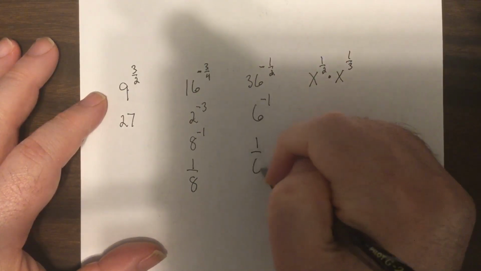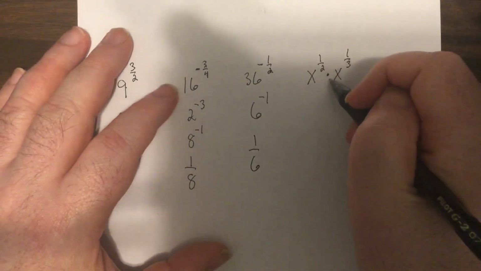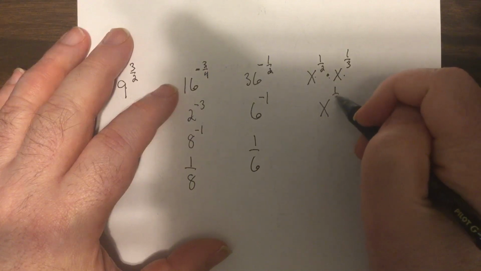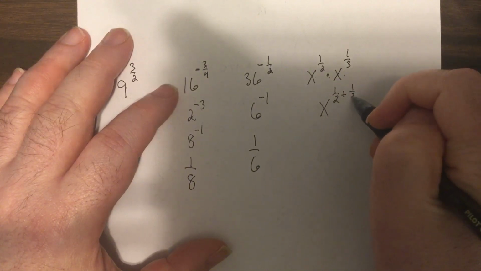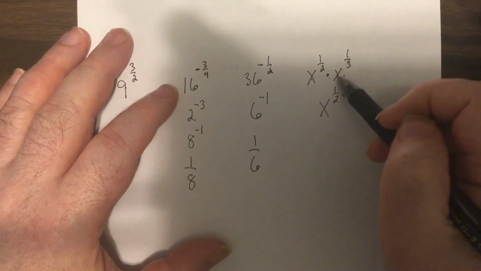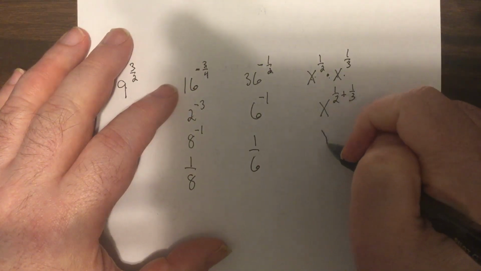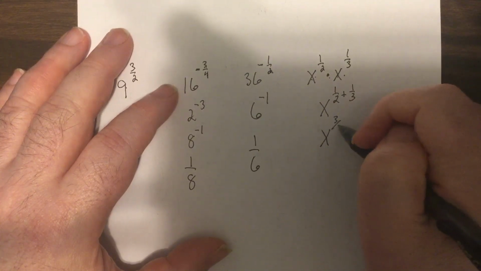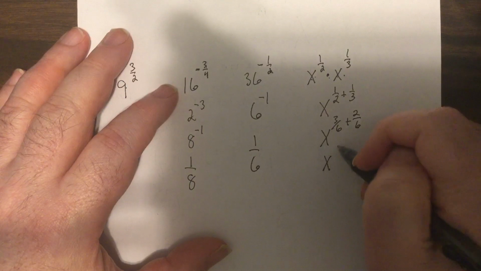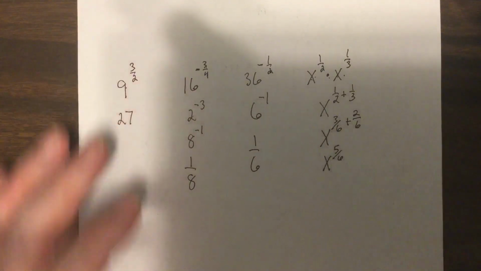Negative power means flip it. Then when you multiply two things with the same base, you have to add the powers. So this really means the square root of x times the cube root of x. So this would be x to the 3/6 plus 2/6. So it'd be x to the 5/6.